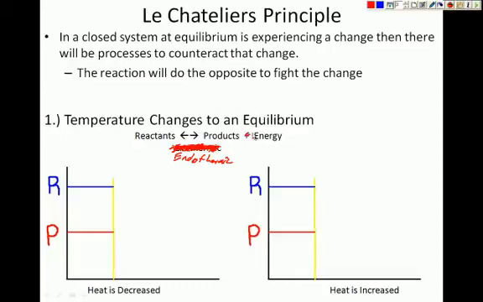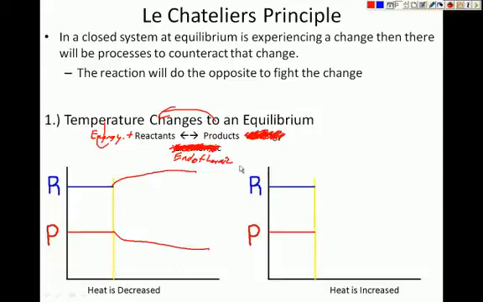And so instead of energy being on this side, we have energy on this side. So if heat is decreased, this is decreased, then everything is going to shift this way to increase the energy, and therefore reactants will go up and products will go down.